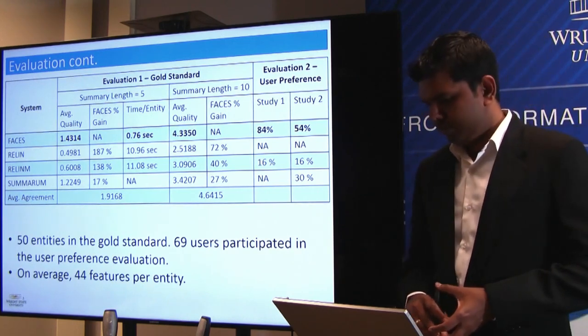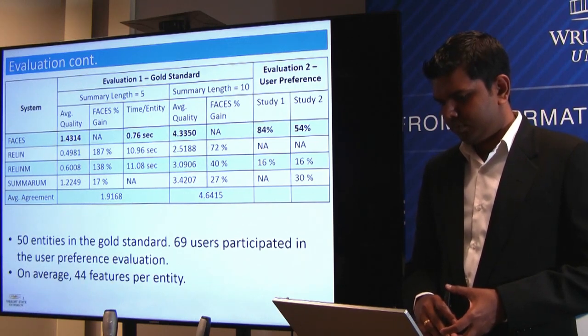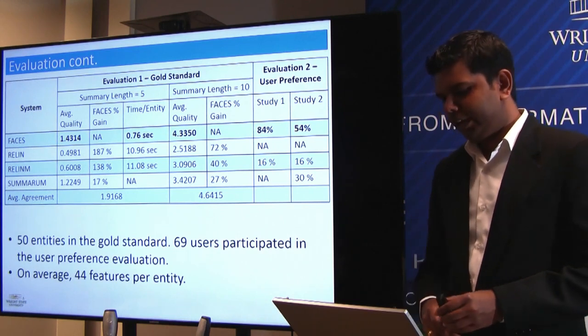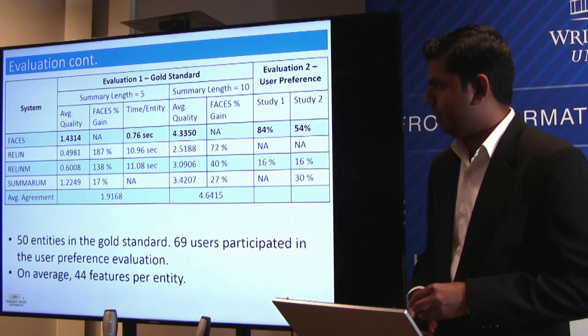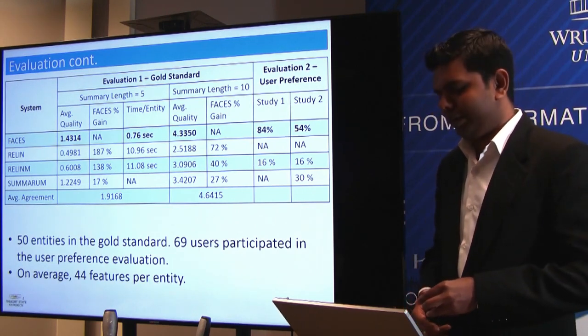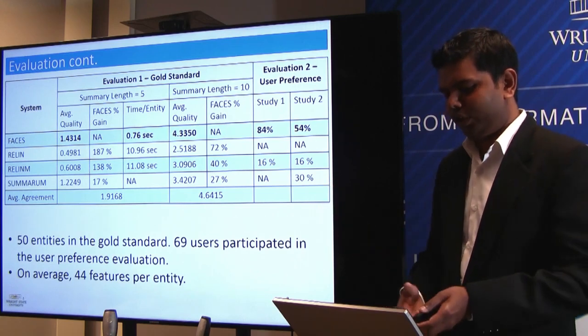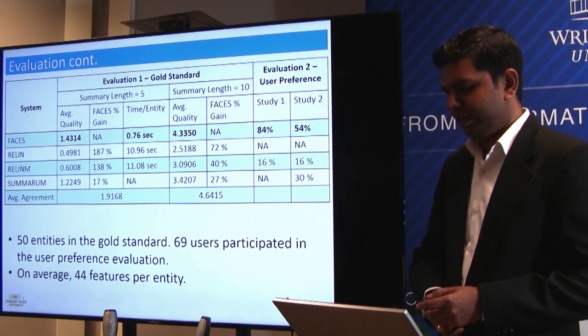Kalpa, just a question on the judges. Was there much consensus on the summaries for the entities? Yes, that's what we were measuring in the last row of the table, the average agreement. The average is low, which is understandable because on average we had 44 features to pick from for 5-length and 10-length summaries.